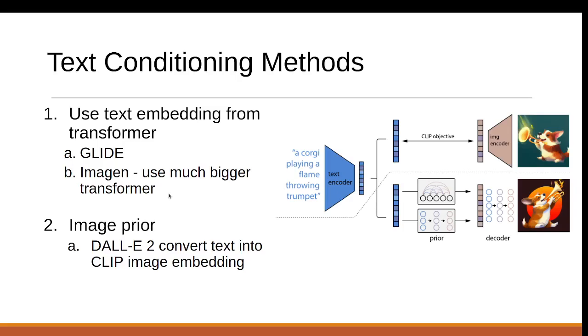The difference is that it uses a much bigger transformer, while GLIDE used a smaller one. Google being Google, they tried to outdo the competitors by putting in the biggest transformer they had, already trained for other NLP tasks, and it improved the result.